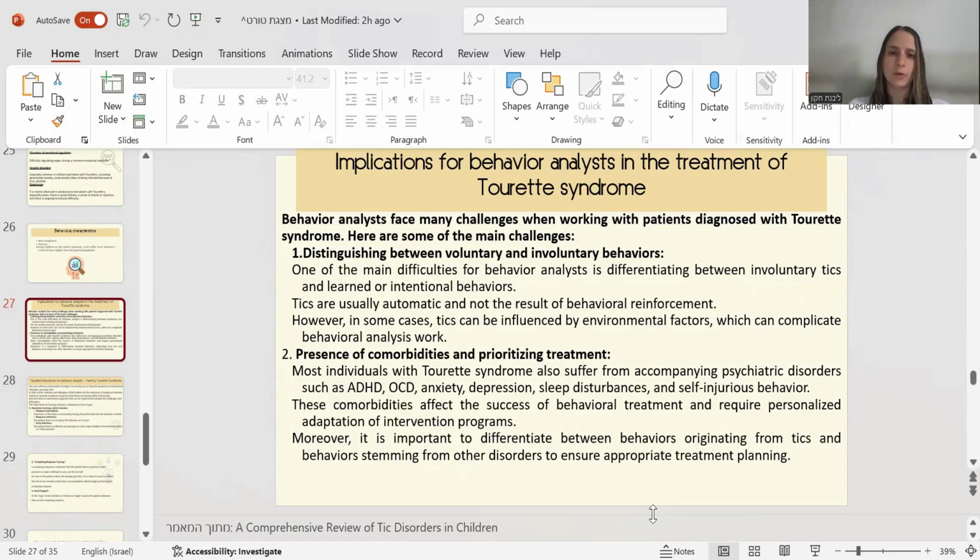Tics are usually automatic and not the result of behavioral reinforcement. However, in some cases, tics can be influenced by environmental factors, which can complicate behavior analysts' work too.